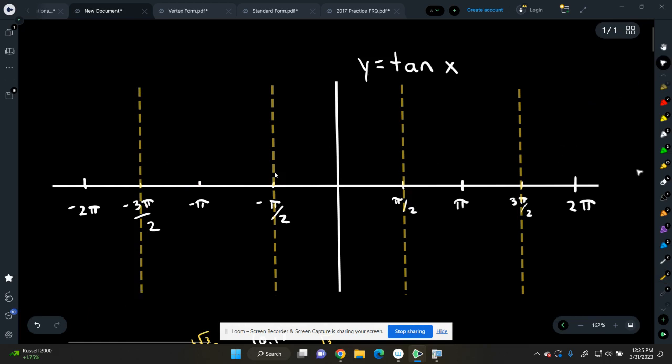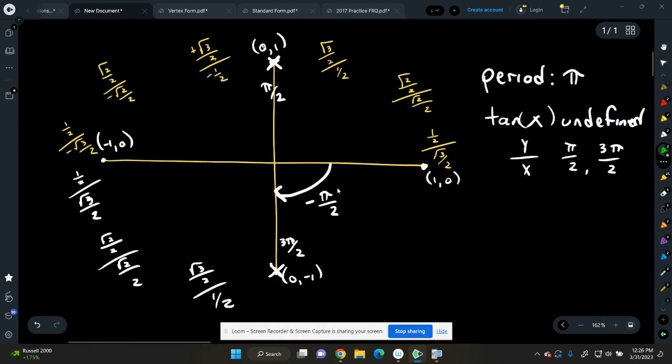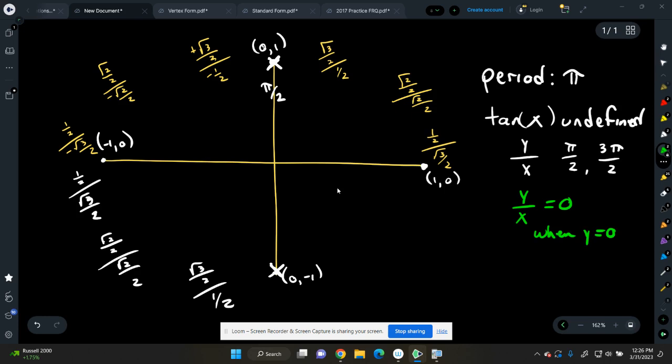Okay. Where is tangent equal to 0? If tangent is y over x, where is that going to equal 0? Right, it's going to equal 0 when y is 0, which is at 0, at pi, at 2 pi.